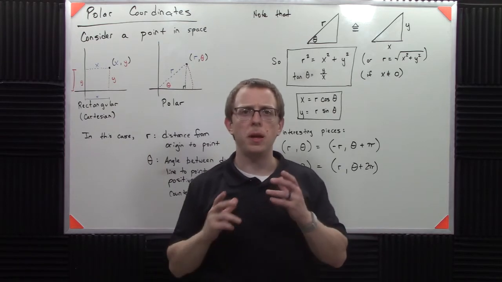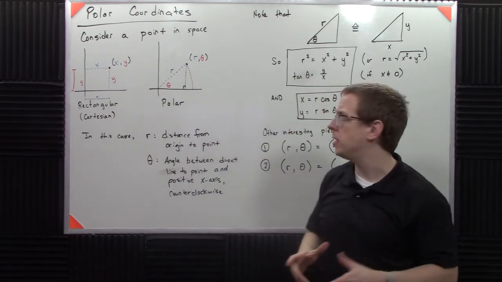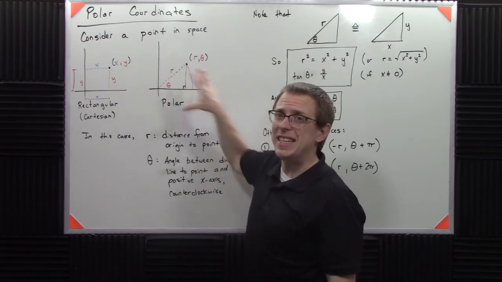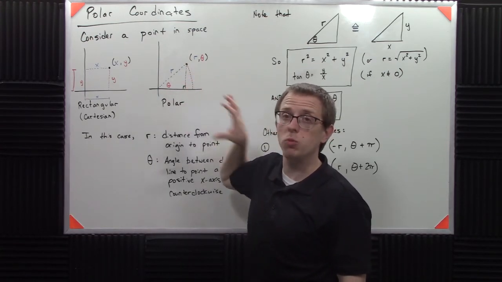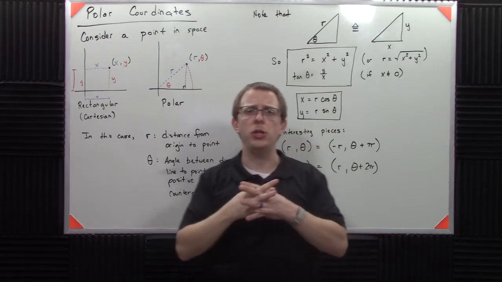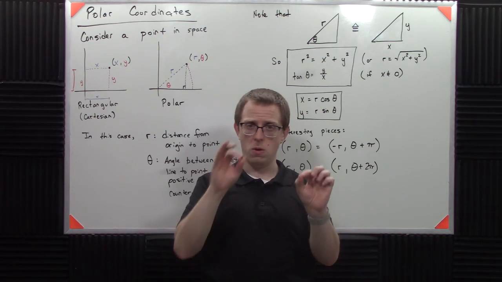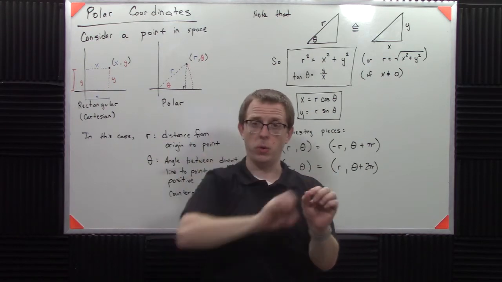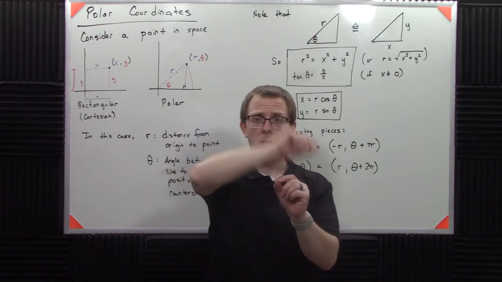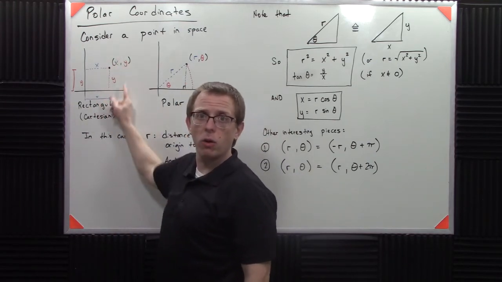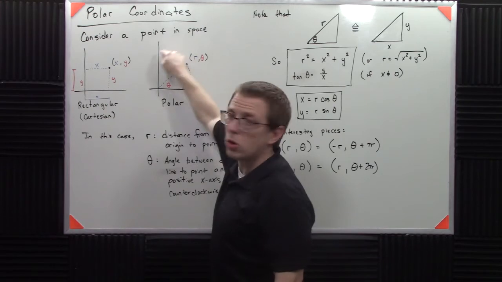But in polar coordinate space, if I say all the places where the distance away from the origin is 1, well, think about all the ways you could be a distance of 1 away. You could be a distance of 1 away here, here, here, here. You have a circle. So instead of the strips being lines like they are for x and y, the strips in r space are circles.